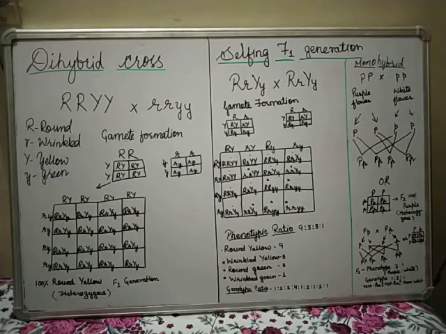When we combine them, this is heterozygous round and heterozygous yellow. In all the cases you can see the same progeny formed. So the individuals produced in the F1 generation are heterozygous round yellow, 100% round yellow. The characters which have disappeared are wrinkled and green.